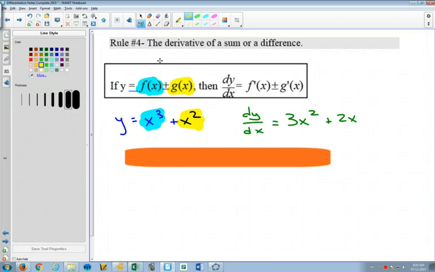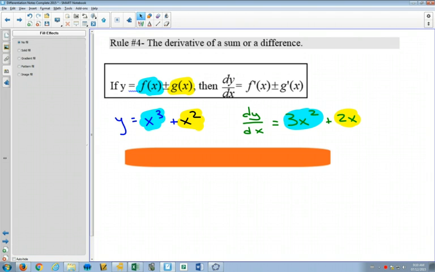So here's our derivative of our yellow one, here's our derivative of our blue one. It's important to show this because we're going to find out later that if we multiply things, it doesn't work out nice like this. But adding and subtracting does. If we add or we subtract, it's like we thought. Derivative of the first one, derivative of the second one.